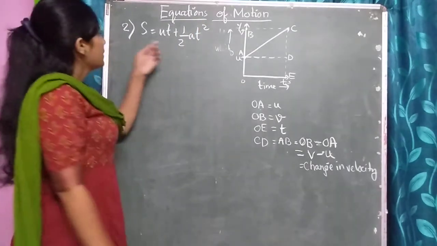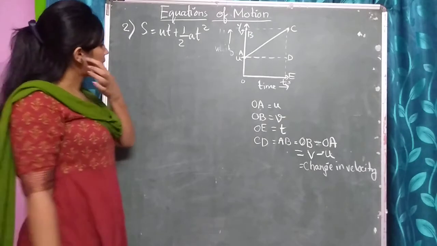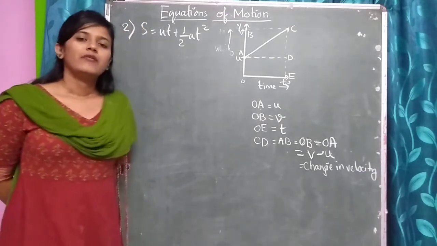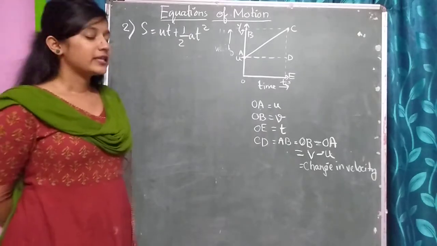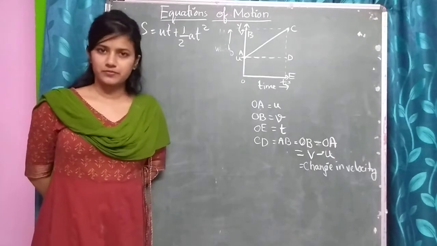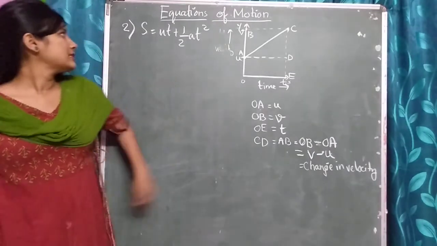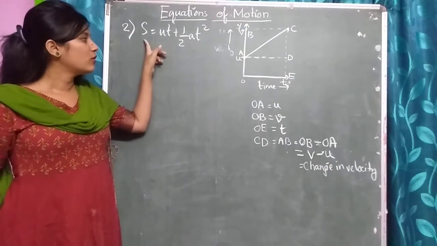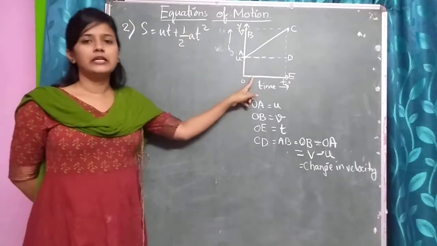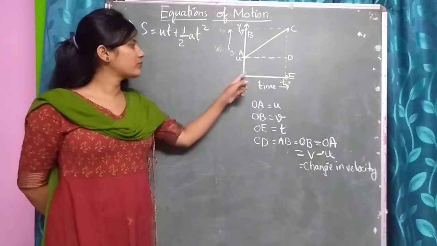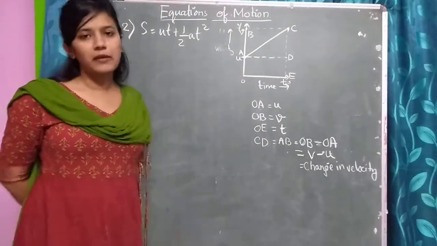So for this I will use our previous knowledge that we have discussed, that the area under the velocity time graph gives us displacement. So since we want to find out the displacement, we will go for the area under this graph. So let us go for the area under the velocity time graph.